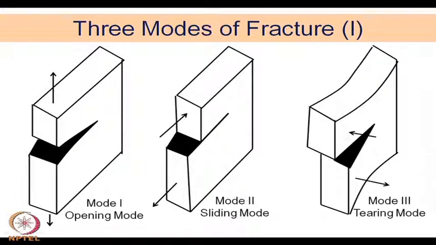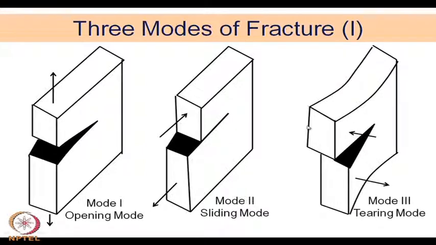Still, there is a third mode, where the direction of the application of the stress is actually along the crack. This is in the right hand direction, this is in the left hand direction, and the crack is propagating away from this surface. The crack is perpendicular to this vertical surface, and the stress is also along this vertical surface.